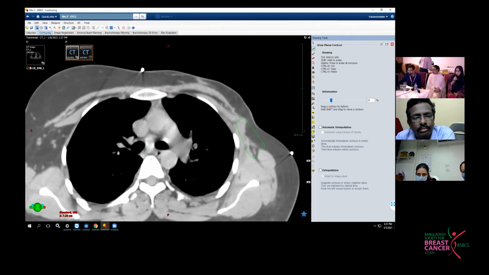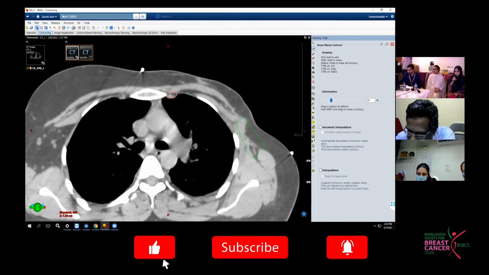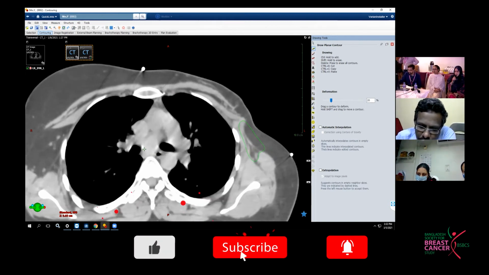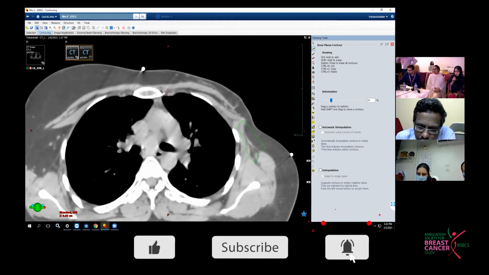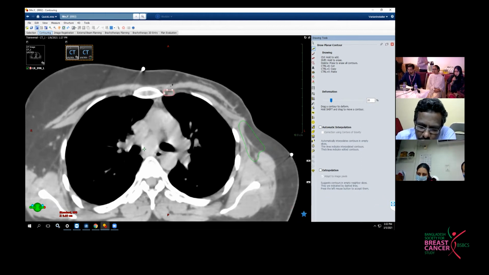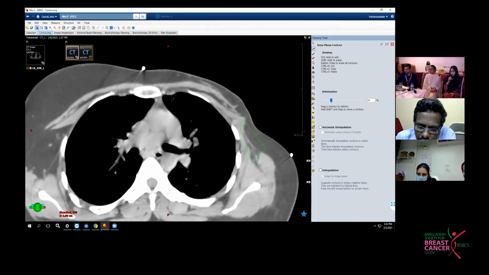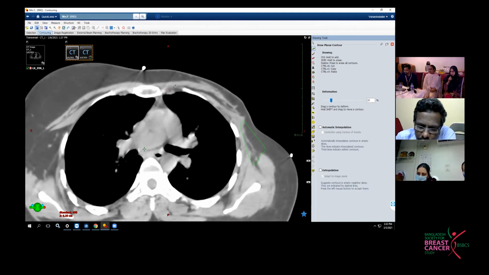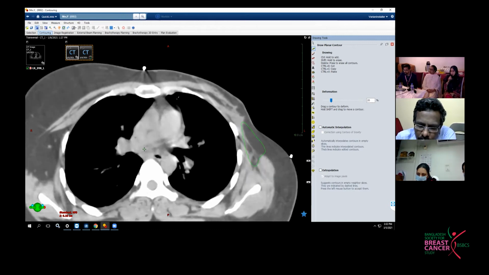My name is Dr. Jannatul Firdaus. My question to you: if a patient comes to me with stage 2B, suppose T2N1 disease, a case of TNBC, and she received neoadjuvant chemotherapy, 8 cycles, and then underwent BCT, lumpectomy with axillary clearance, where histopathology reveals complete pathological response, no residual tumor, and axillary clearance shows no axillary lymph node metastasis.